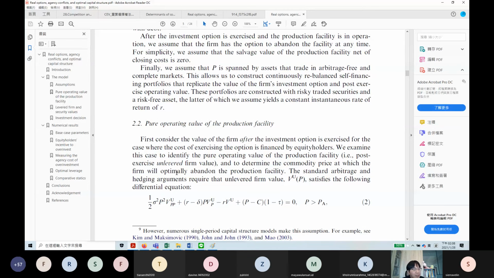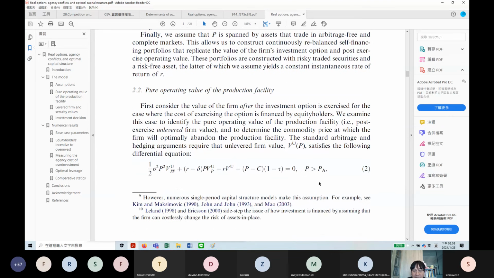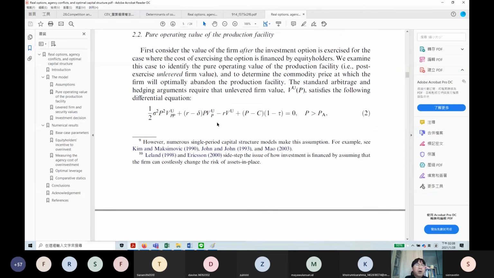One is the debt holder, another is the equity holder. So which criterion do we have to find? Firstly, in this kind of paper, the debt holder criterion we have to find.